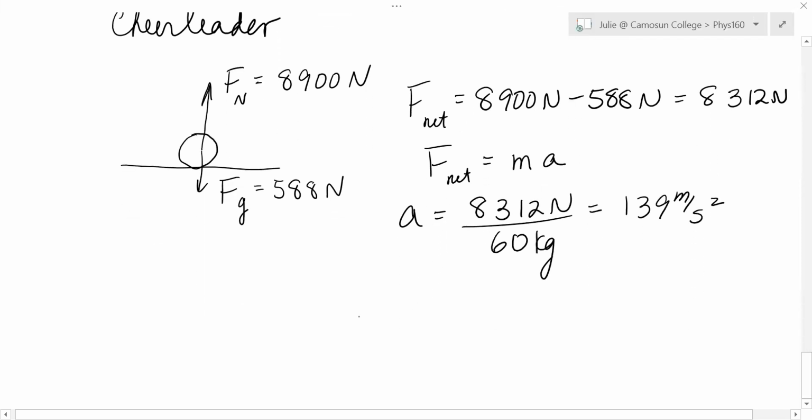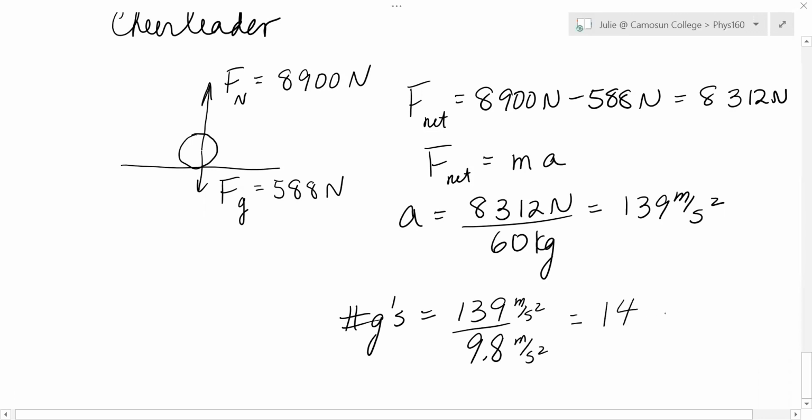And so the number of G's is 139 over 9.8. So this is a unitless number, it's just a factor, 14 G's. So that's a pretty good indication of how much more catastrophic that gymnast falling on her back is. Regardless of how she lands or what's going on, that's the acceleration to stop her.